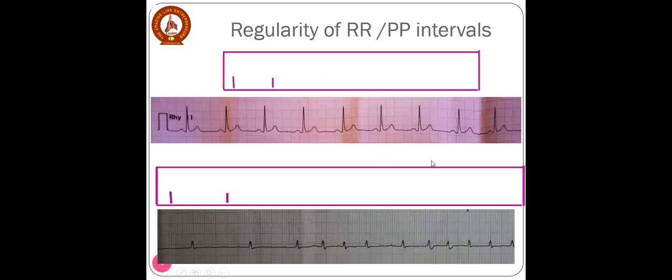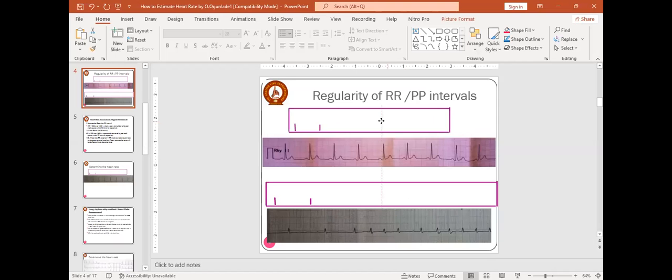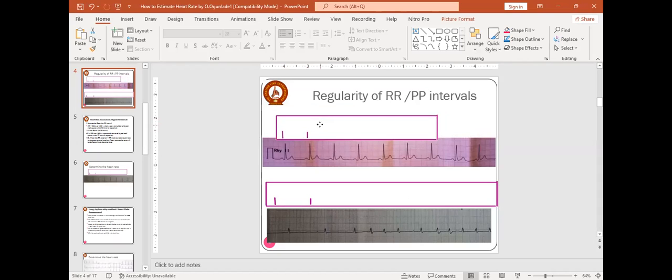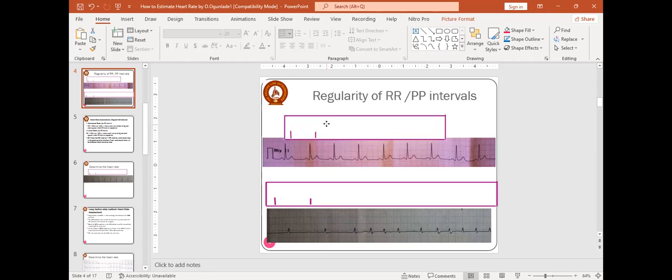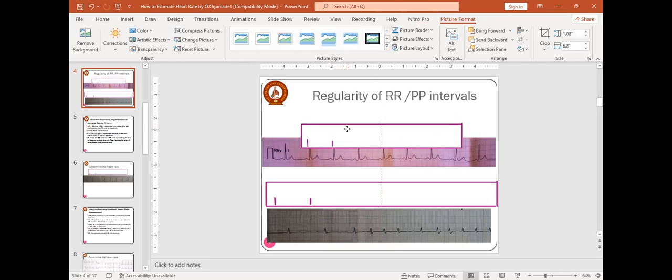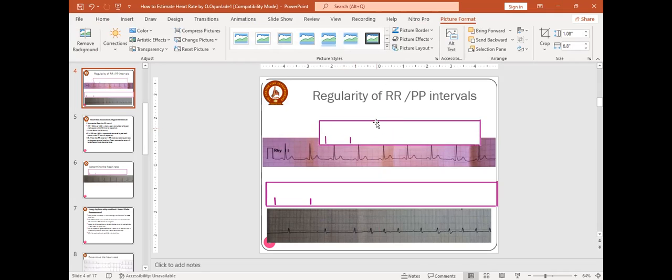This slide consists of 2 panels. The upper panel is showing a card with 2 mark points. I mark the first 2 peaks of the RR interval, then compare it with the subsequent ones to show whether it is regular, whether it is aligned.